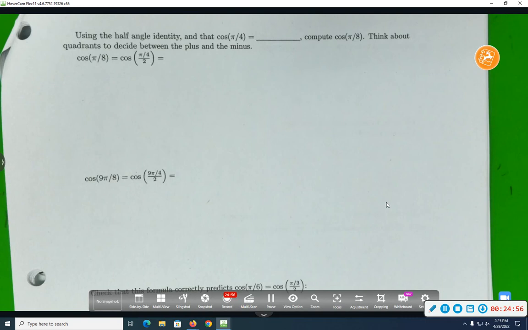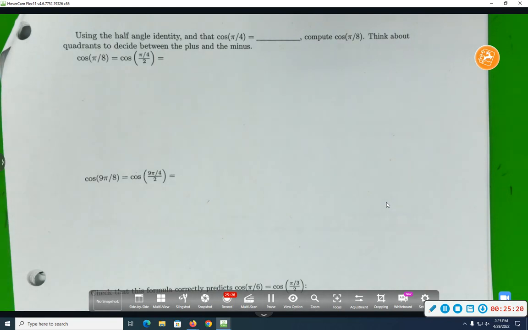Is it the square root of 2 plus the square root of 2 over 2? Something like that. Let's find out by computing it. Let's try to compute the cosine of pi over 8.